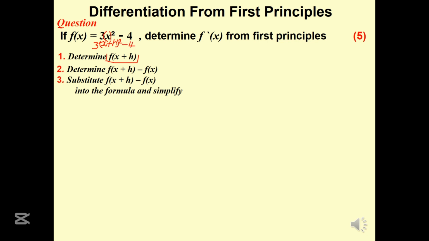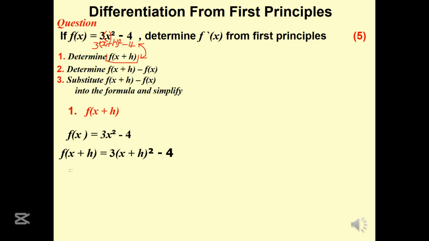This is what we mean by the first step. Calculate the value of f of x plus h. It simply means in your f of x, you are going to remove x and replace it with x plus h. So once we do that, we now simplify in the normal way, removing brackets and simplifying expressions.